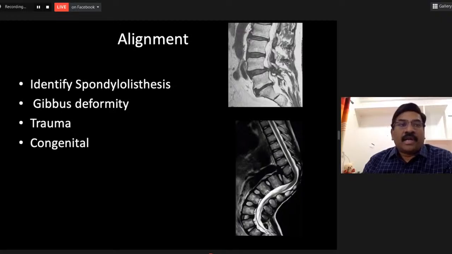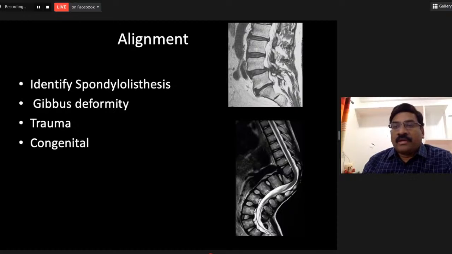Other two important alignment things which we come across in day-to-day practice or in exams are spondylolisthesis, where we need to identify where the listhetic segment is, and the gibbus deformity of the thoracic spine, and the internal gibbus, which is the main reason for the compression. Other causes where this alignment can be altered are trauma and congenital conditions. But we are not supposed to comment on the natural curves of the spine on MRI, because MRI is taken in supine posture.